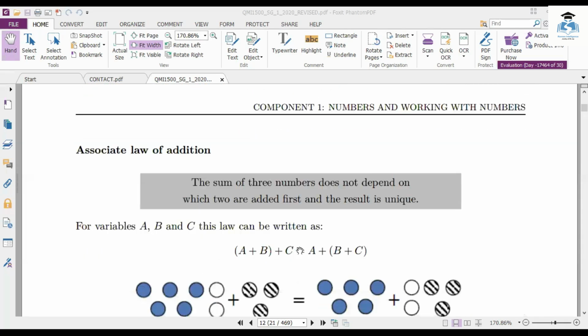So the sum of 3 numbers does not depend on which 2 are added first, and the result is unique. Same applies.